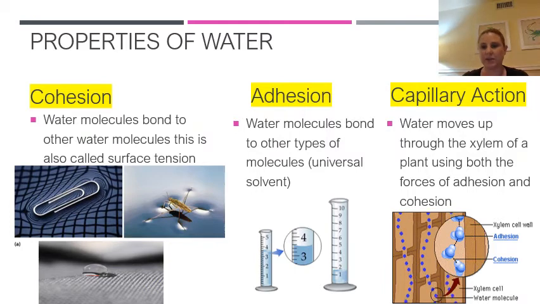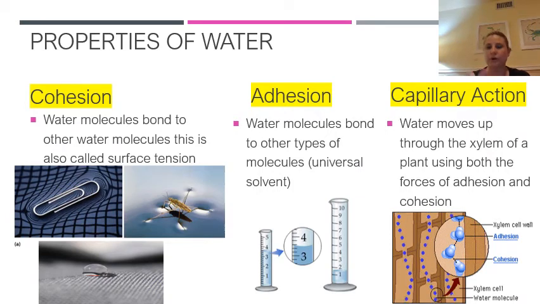That's called the meniscus. Capillary action is actually how water moves up through the roots of plants all the way up to the top branches. It actually uses this stuff called xylem. Xylem is like a little straw inside the plant. It's in parts of the plant cells. And the plant cell actually moves the water through using both the forces of adhesion and cohesion.